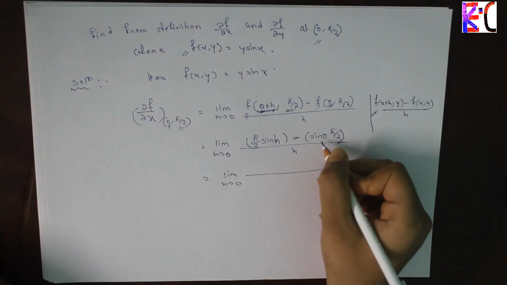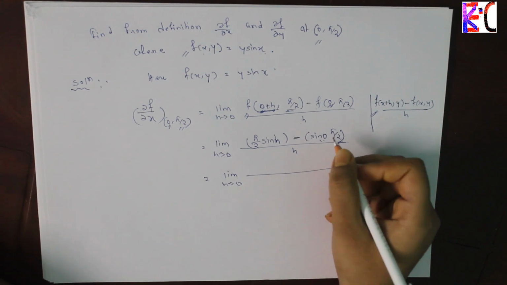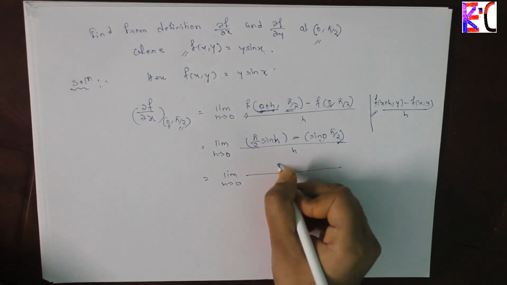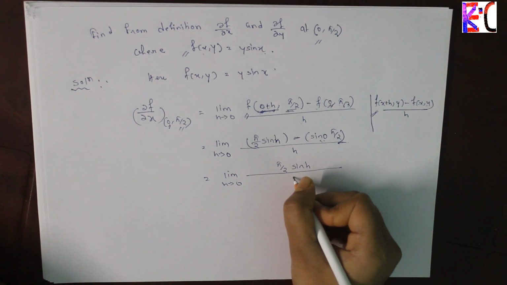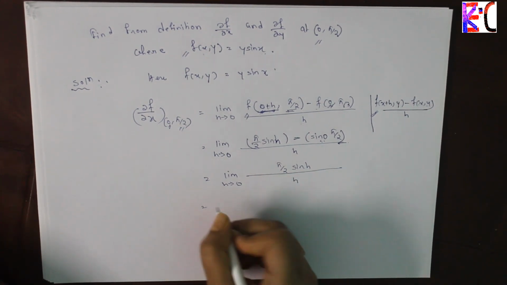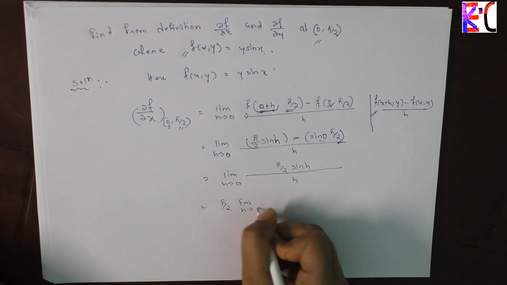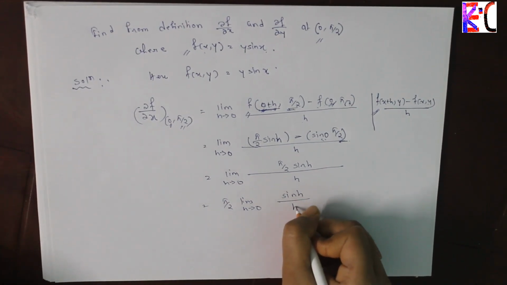Here sin 0 is, you know, 0, and 0 multiplied by pi by 2 is also 0. That's why here it is pi by 2 sin h by h. Pi by 2 times the limit h tends to 0 of sin h by h.